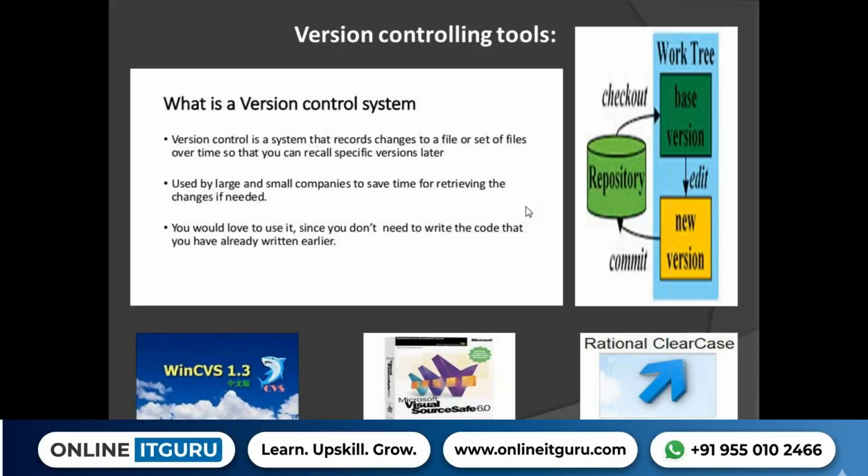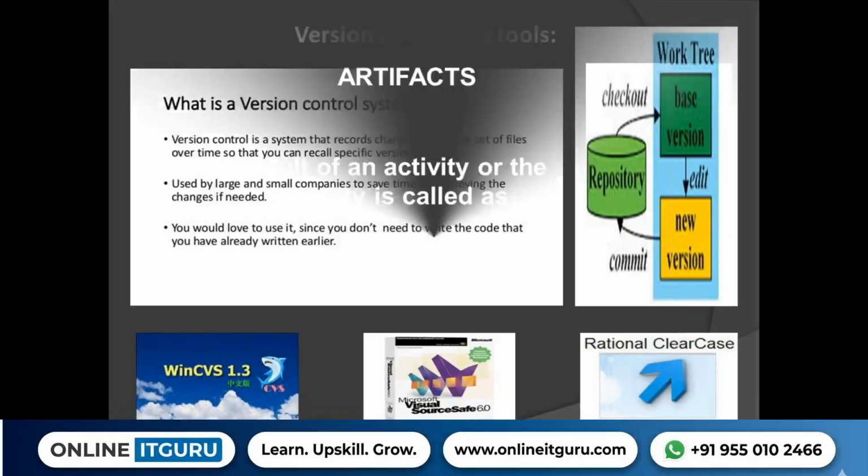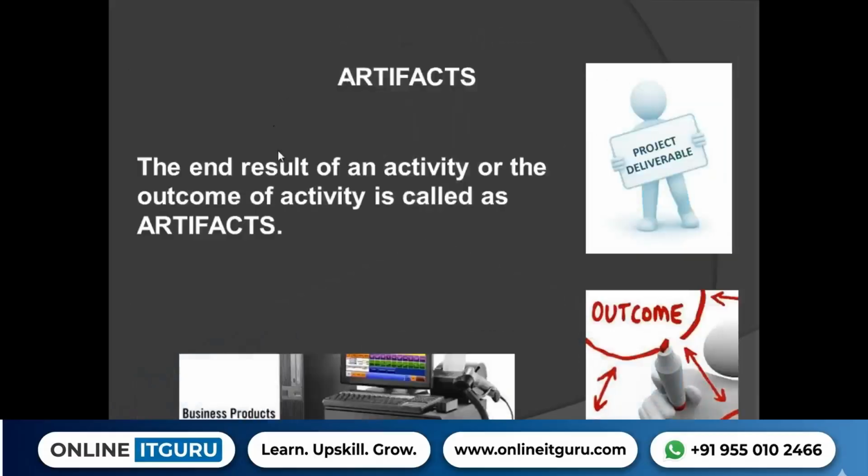So this is about the version controlling system, and we have one more topic called artifacts. Artifacts are nothing but the end result of an activity or the outcome of an activity, called artifacts in BA terminology. They are also known as product deliverables or outcome or the business products.